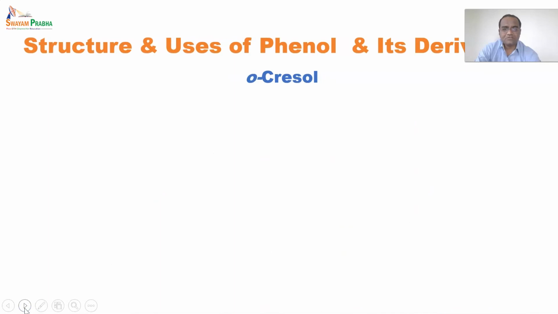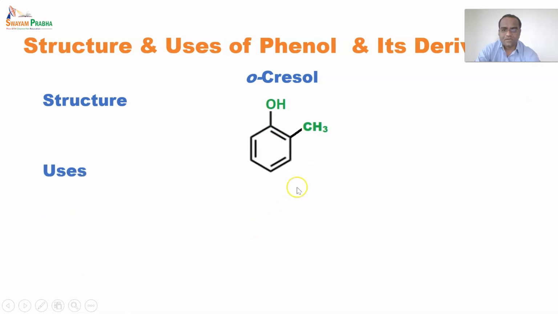Next compound, that is orthocresol, having CH3 at an ortho position. There are a lot of cresols: orthocresol, metacresol, paracresol. Out of that, as per the course, we will see orthocresol. It has antibacterial and insecticidal properties.